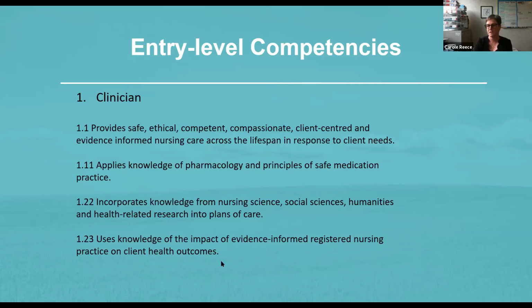And I would say RxFiles has a wealth of health-related research in their information. Uses knowledge of the impact of evidence-informed registered nursing practice on client health outcomes.